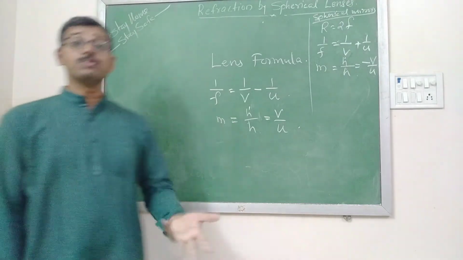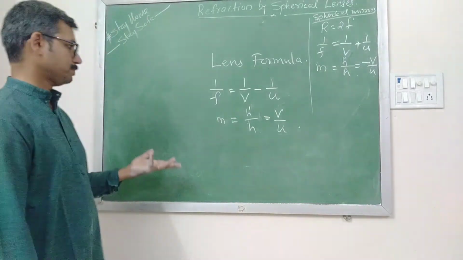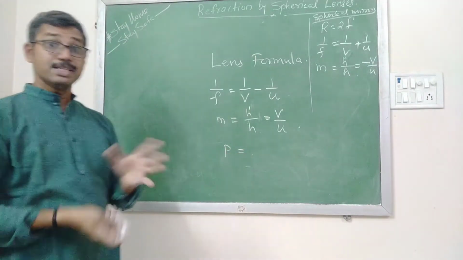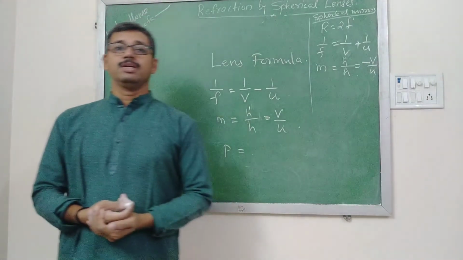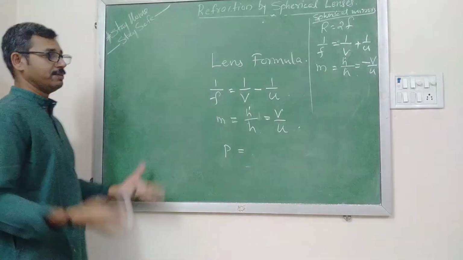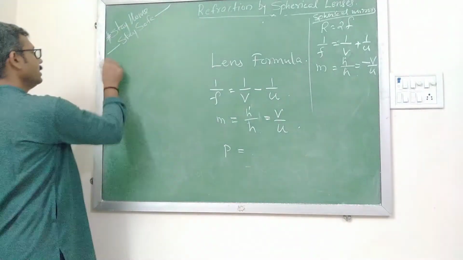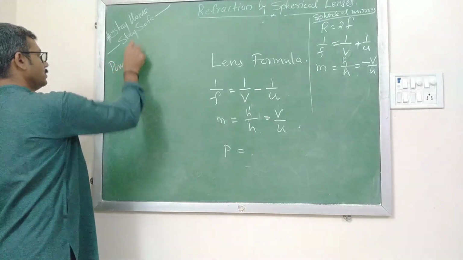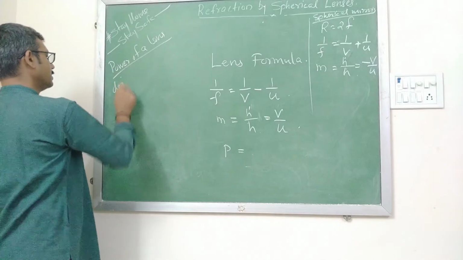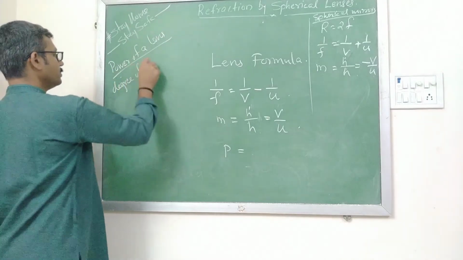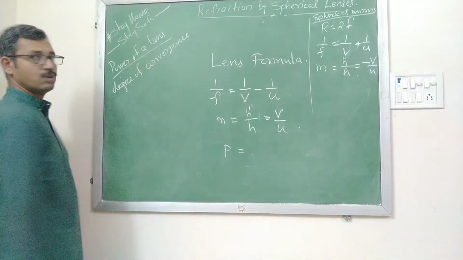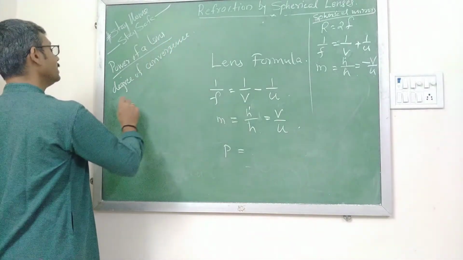And one more term is there, that is the power of the lens. Now what do we mean by the power of the lens? Power means the degree of convergence, or the degree of divergence.